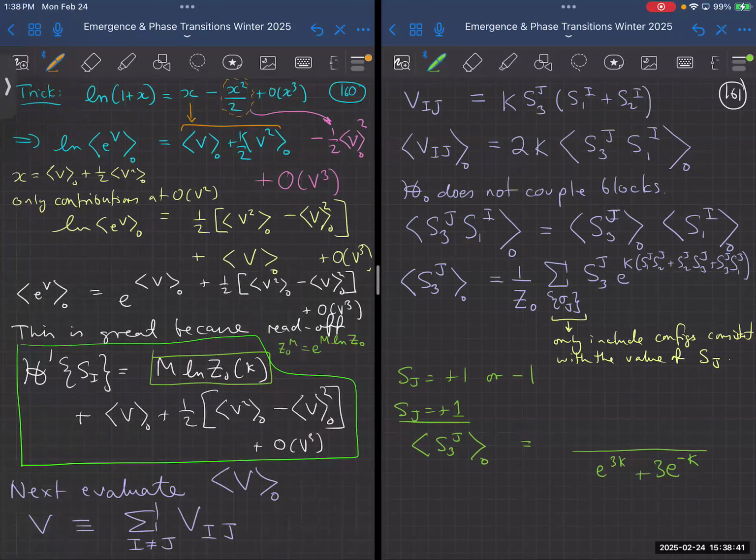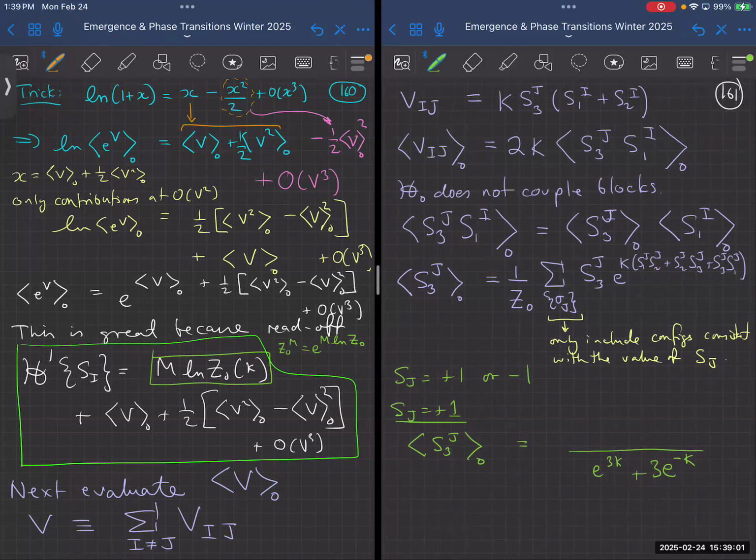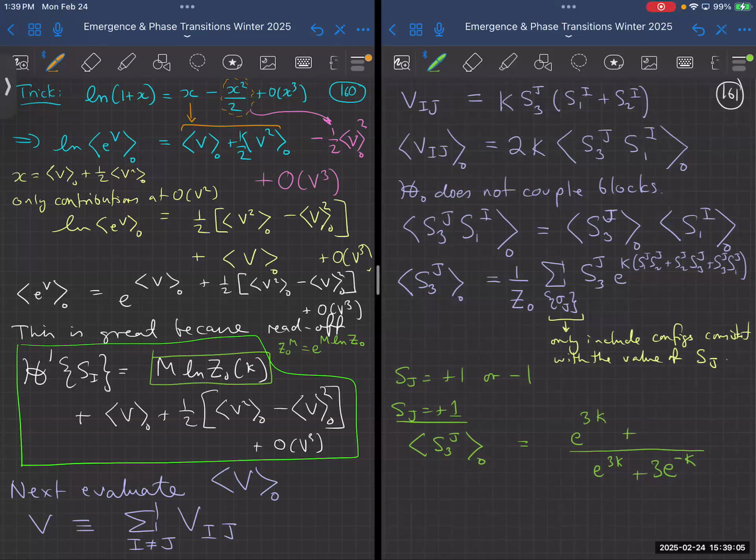And that doesn't depend on the value of Sj. Now, I have to go through all of the configurations consistent with Sj being +1. So S1 can be 1, S2 can be 1, S3 can be -1, and so on. I claim that if you sum through all of those, what you get at the top is e to the 3k plus e to the minus k.